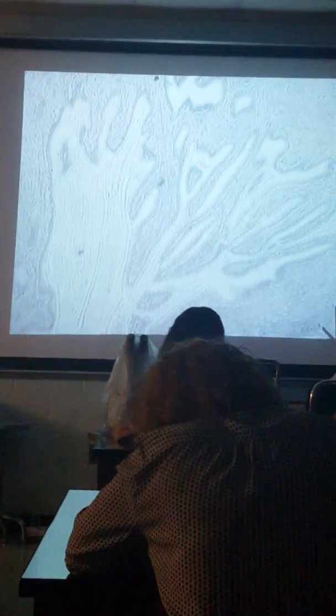Another slide. So for the GI tract, remember how we were looking at transitions? So this transition is from cervix to vagina. Cervix is simple columnar, vagina is stratified squamous. So we're going to see a transition from simple columnar. So the simple columnar is going to be secreting a lot of mucus.